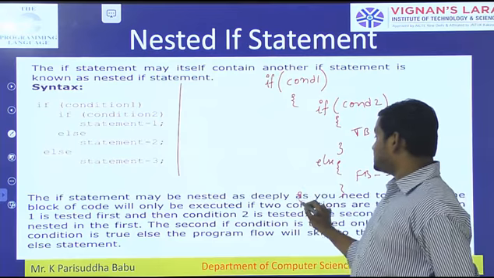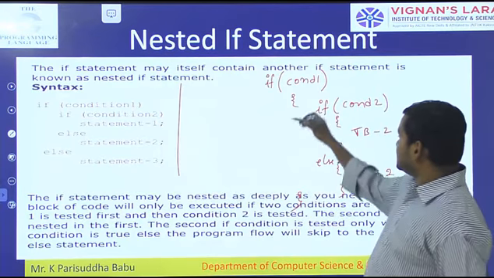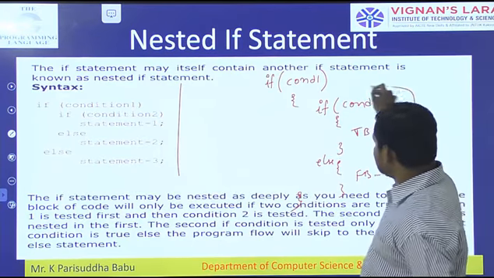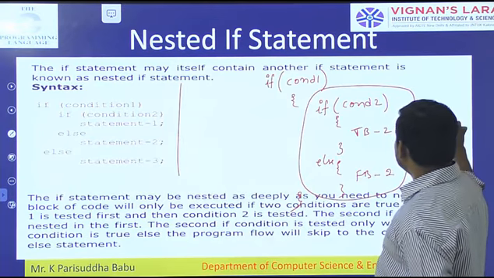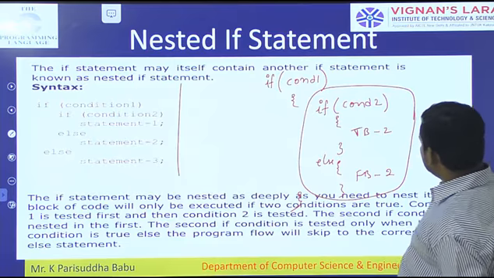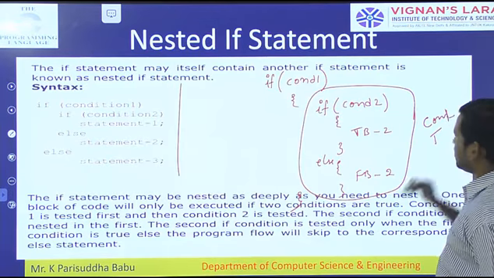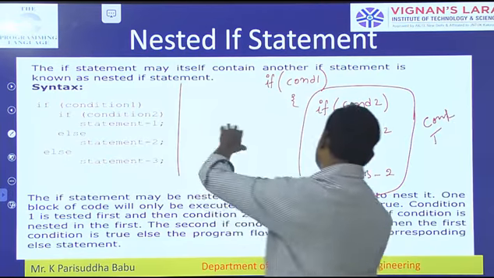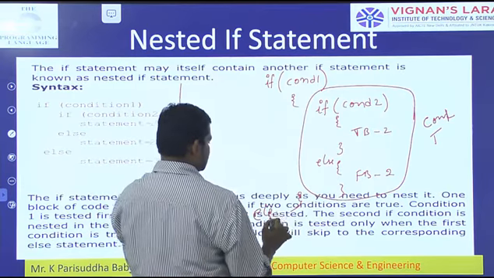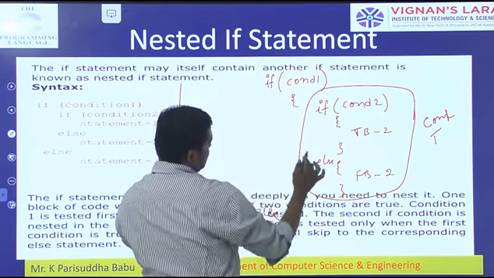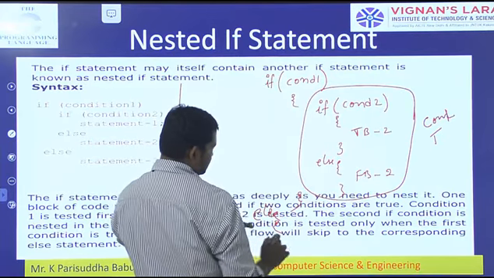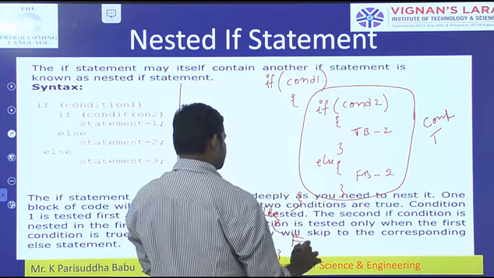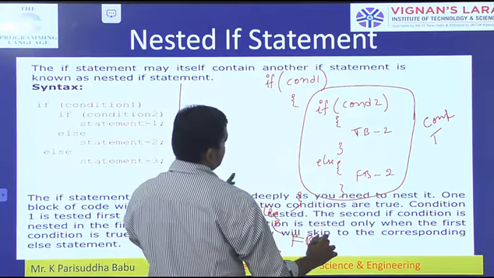So up to here, this closes condition 2. This is the true block for condition 2 and the false block for condition 2. This is the condition 1 true block, and the else block is the condition 1 false block.